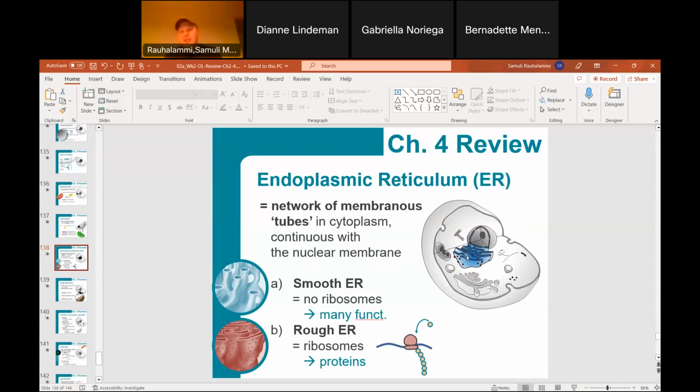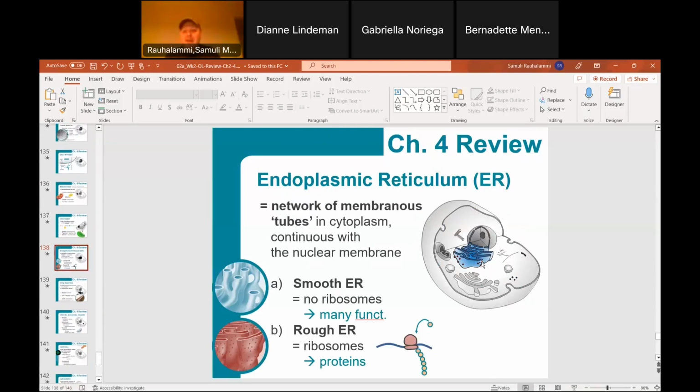And endoplasmic reticulum is simply a network of these tubes and membranes within the cell. And there's two types of endoplasmic reticulum. We call smooth endoplasmic reticulum, where the surface is just smooth, there's nothing much there.